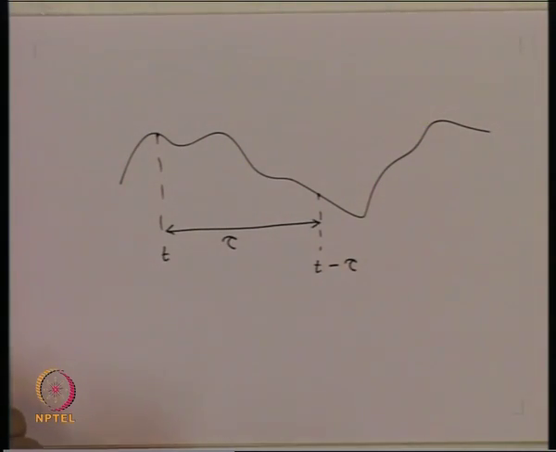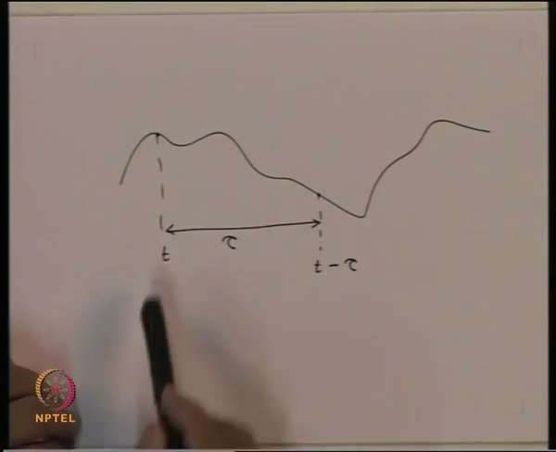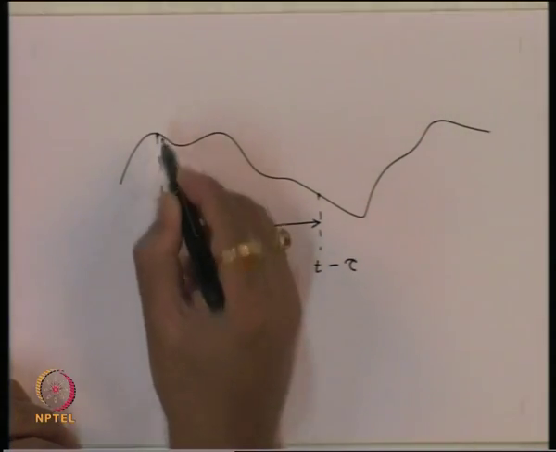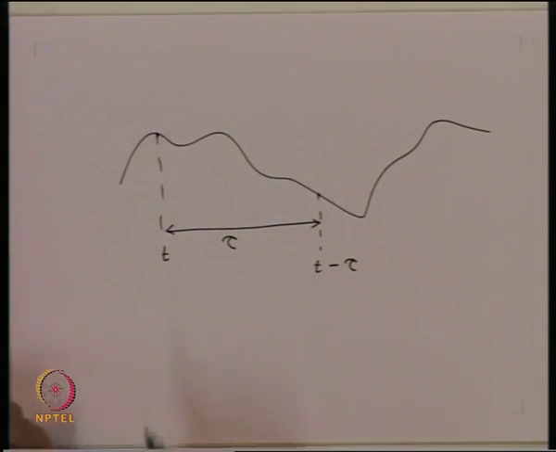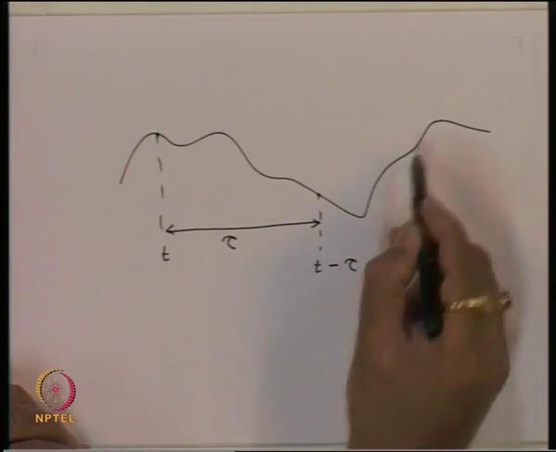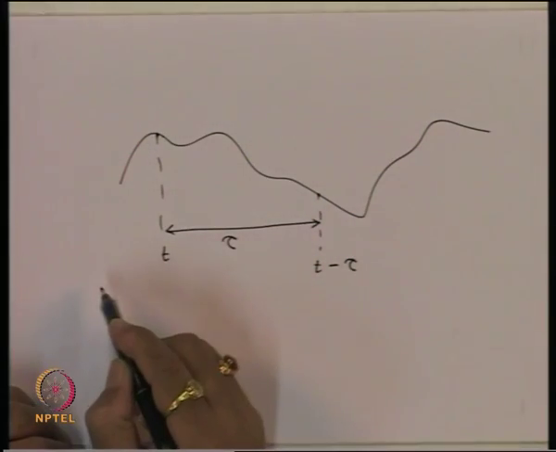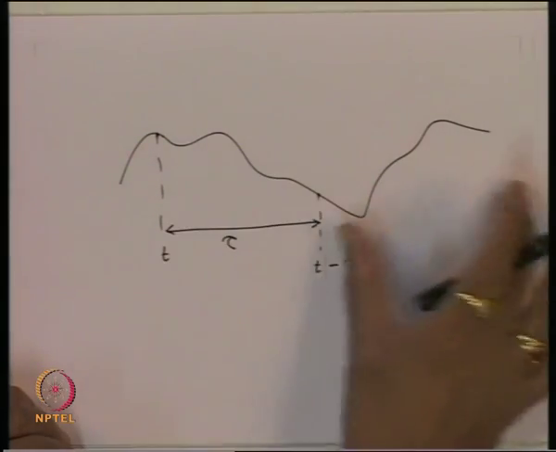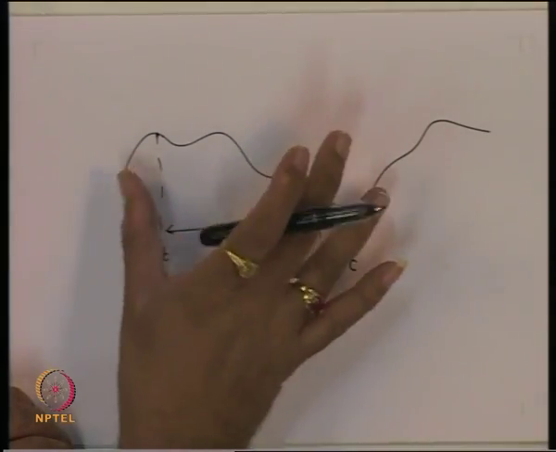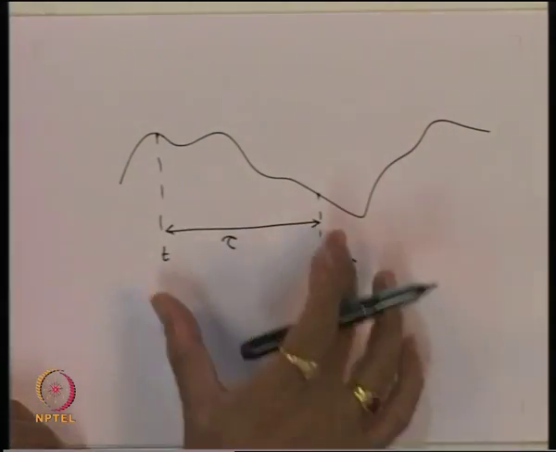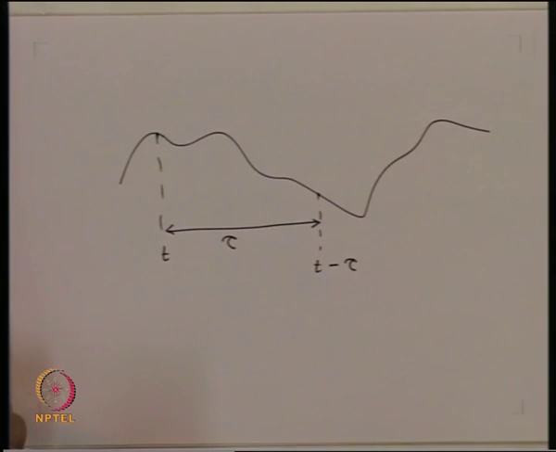As one can see very easily, if this tau is very, very small, which is somewhere here, then the 2 points are very well correlated, because whatever is happening at this point, more or less the same thing will be happening in the neighboring point also. Whereas, if I consider a point which is very far away, then it is possible when this signal is positive, this signal may be negative, and if I consider all possible pairs, you will see that sometimes you will have this positive, this negative, whereas these two both could be positive for the same distance, and so on.